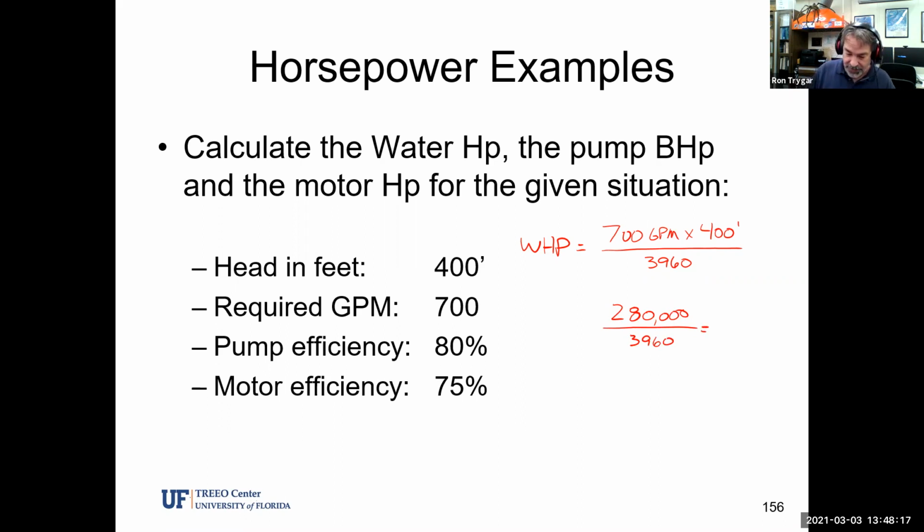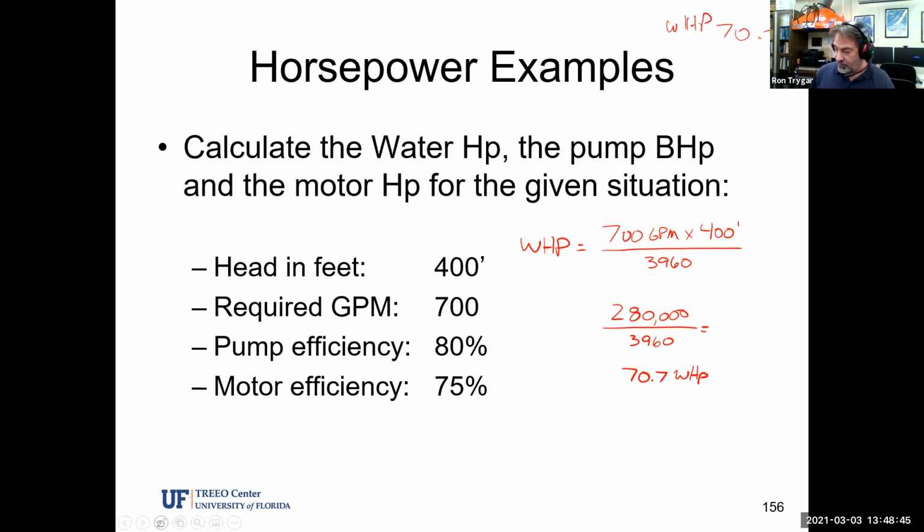For water horsepower, I got 70.7 water HP. So I'm going to jot that number down. How about we put our numbers up here? 70.7 as the WHP. I'm just jotting them down up here so we don't lose track of those.